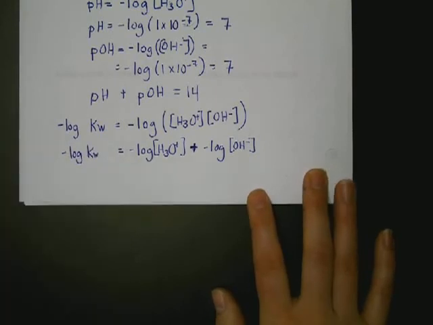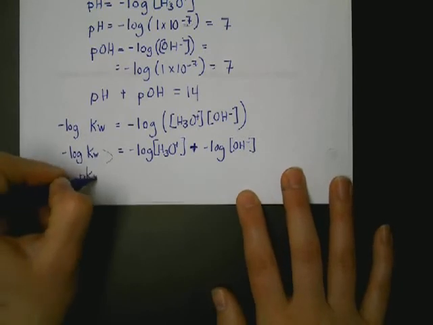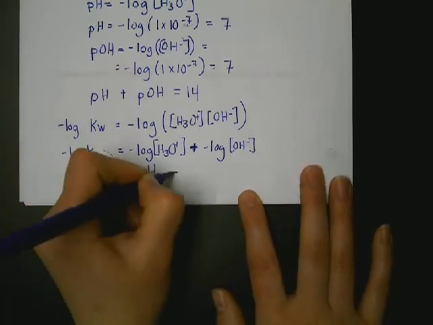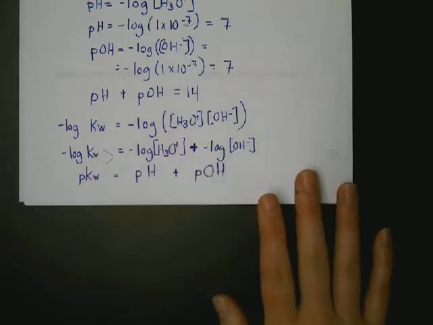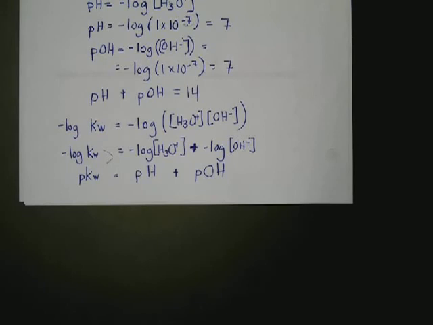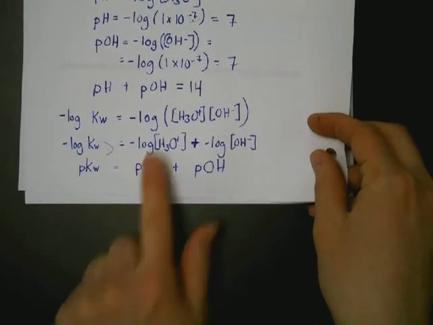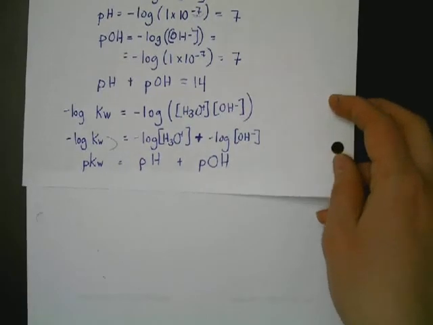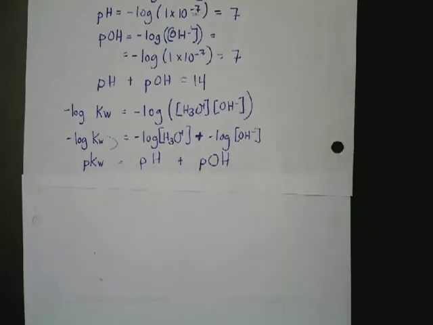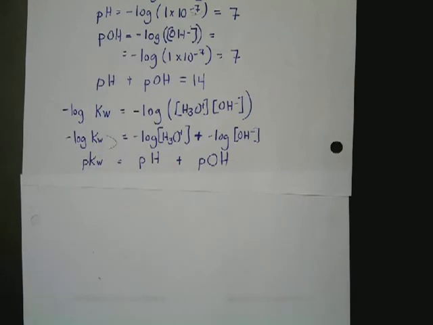So this, we're going to give a new name. We're going to call this the pKw. Hopefully it's obvious why we do it, just like pH, pOH, pKw. We're going to do the same thing with Ka's that we do for hydrogen ion concentration, to calculate things like pKa and pKb. But we'll do that next time.